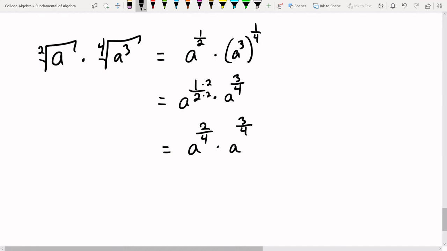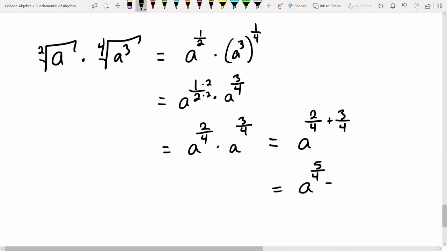Now you can see that we actually have the same radical. It's a fourth root on both of them. We have like bases multiplying here, so we can add the exponents. And here we had to have the same denominator so that we can actually add these exponents. 2/4 plus 3/4 is 5/4.